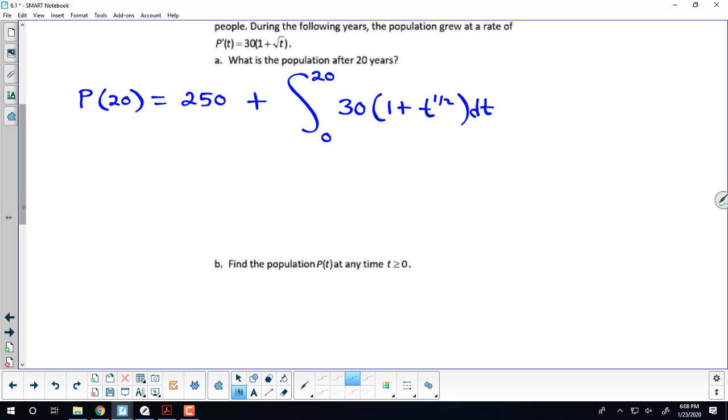All right, so then we're going to have enough space here. Okay, so the antiderivative, let's just take this 30 out. t plus t to the 3/2 times 2/3, evaluated from 0 to 20.